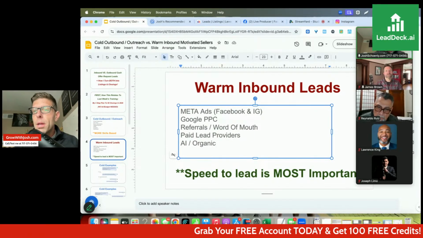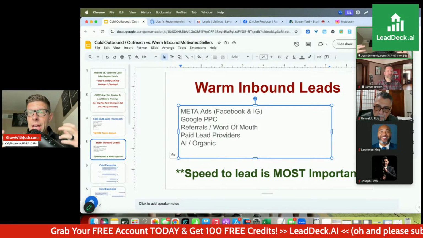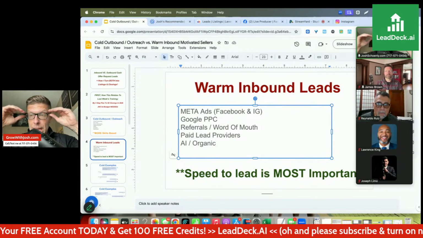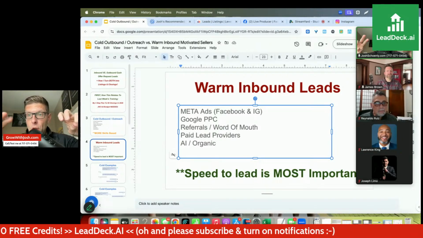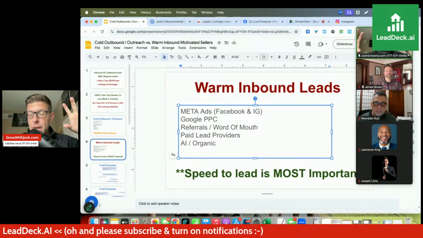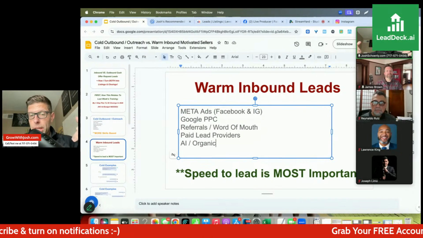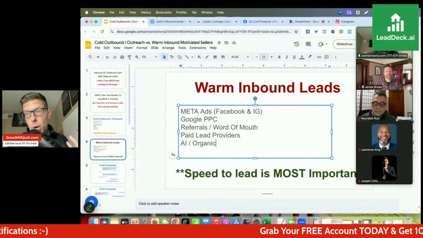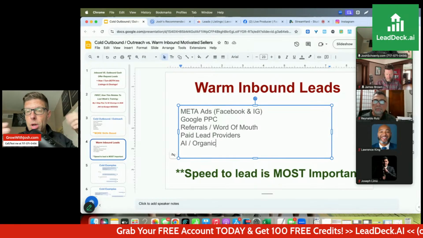I don't know, but you can get warm inbound by positioning yourself as someone that shows up organically when someone goes into Google and searches sell my home fast for cash, right? And more people are using ChatGPT or Gemini for that, so there are strategies for that.